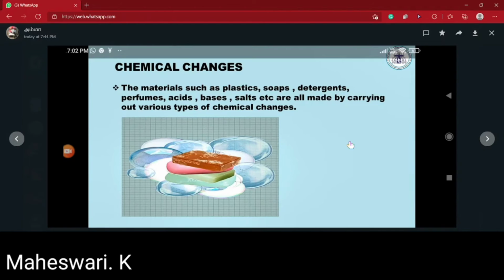These are all examples in this picture. All of you see soap, acid in this picture.